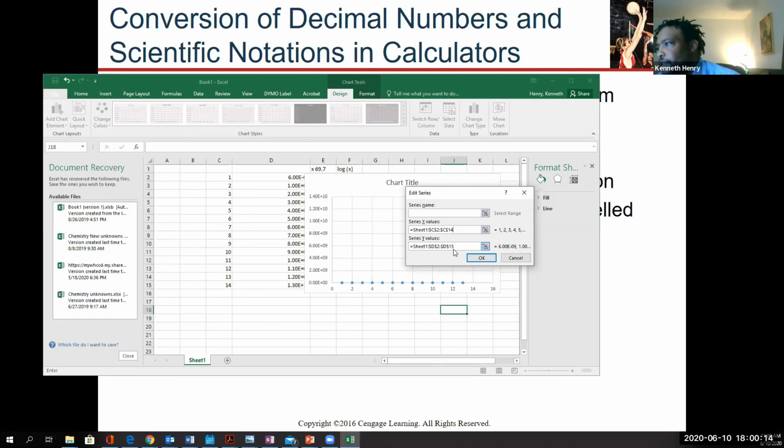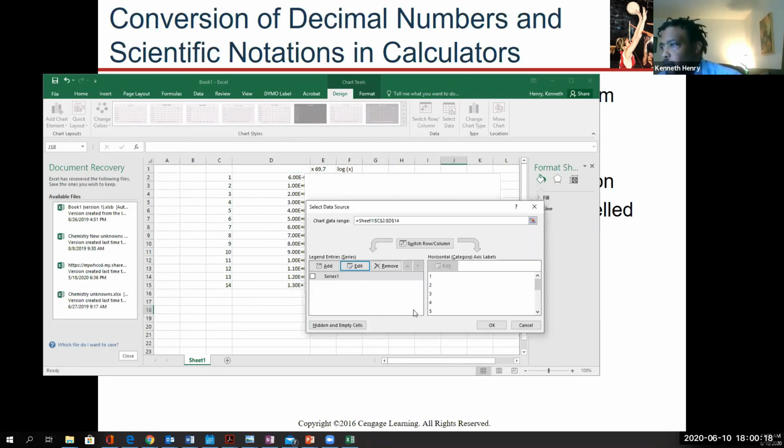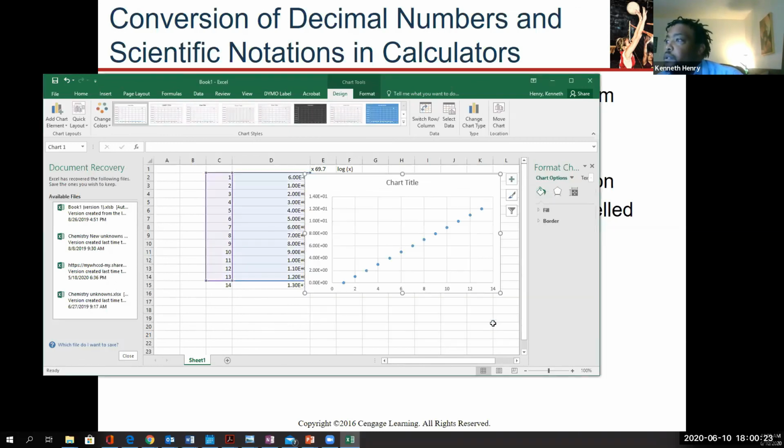So I'm just going to ignore that piece of data. Okay, so now you can see that it's a nice little curve, right?